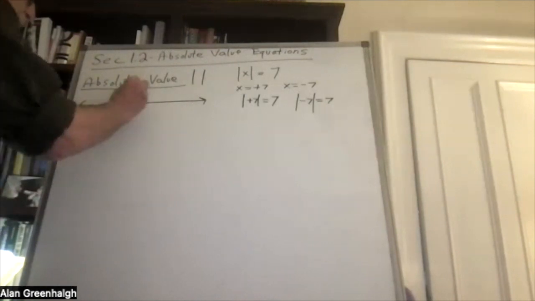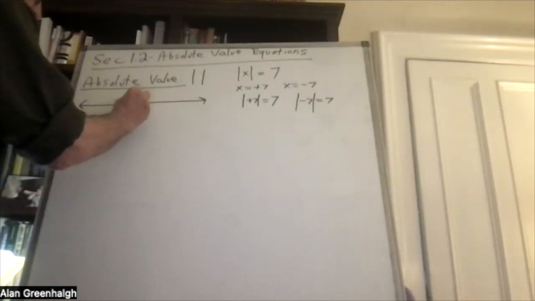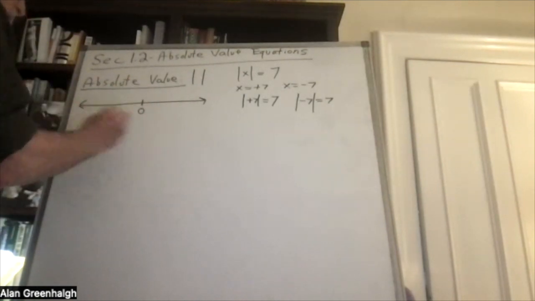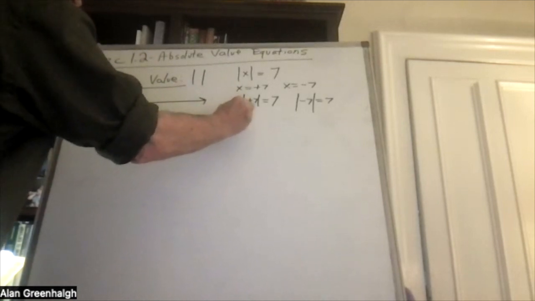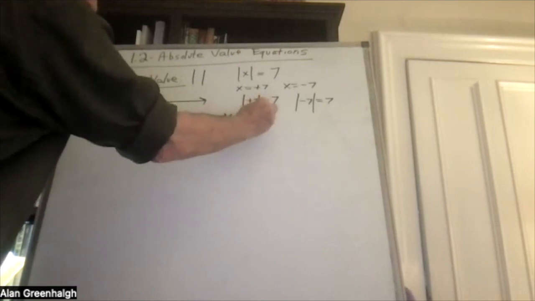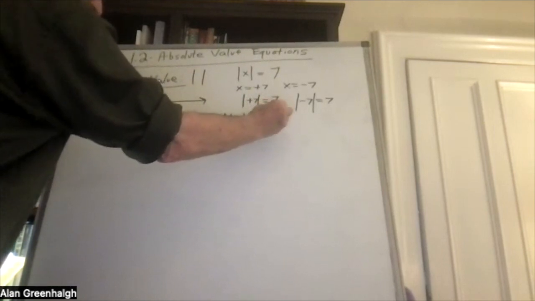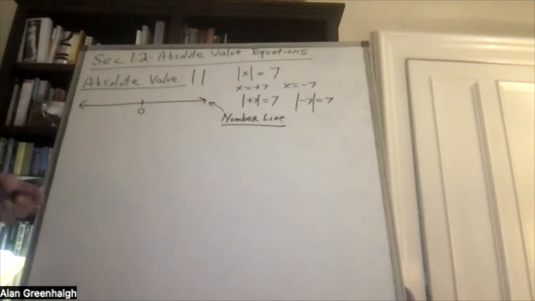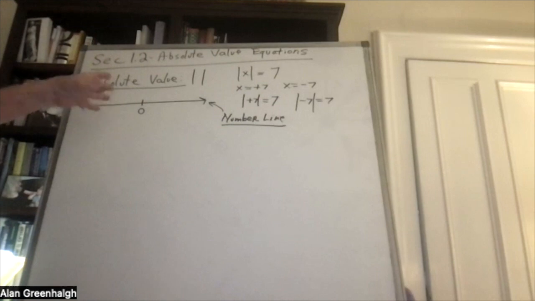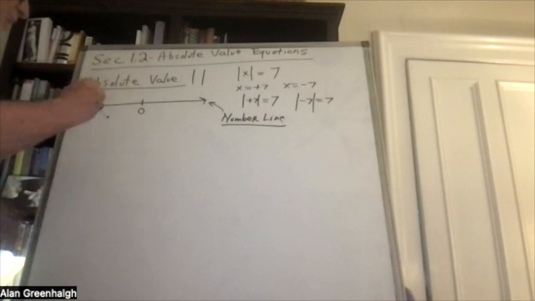For that, we need to look at the number line. This is what's called the number line. It's a very important concept. I really cannot emphasize how amazing and wonderful it is to represent something on the number line, because it's visual and you can see it and understand what's going on.